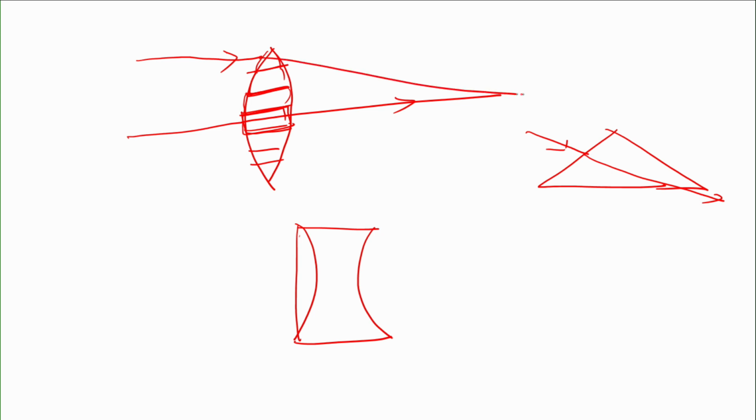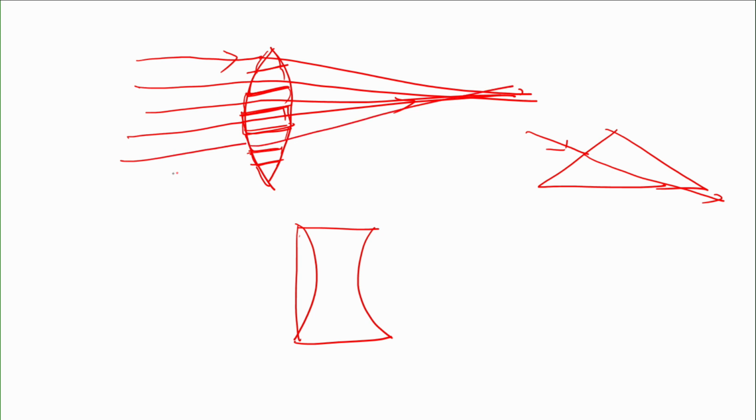Here, the bases of these parts are in the upward direction, so again the light ray bends towards the base.